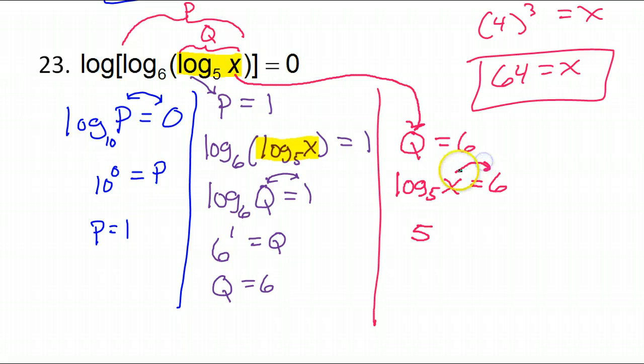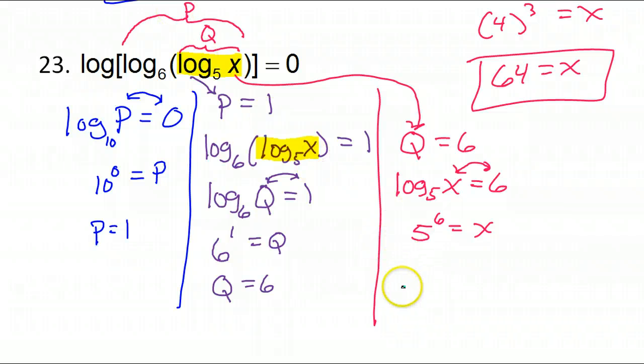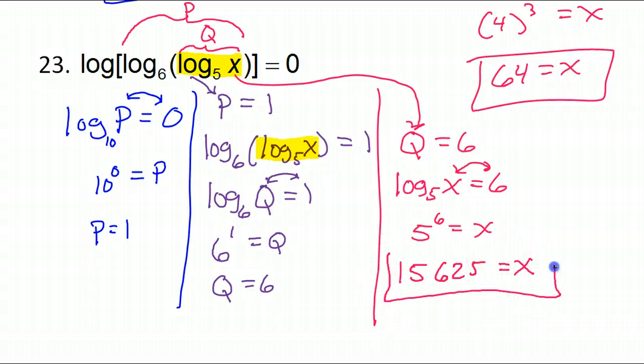These two things will switch sides. So we will have 5 to the 6th power is equal to x. And this is what we're looking for. We're trying to find the value of x. We can get this off the table. 5 to the 6th power, that's 15,625. So that is your final answer.